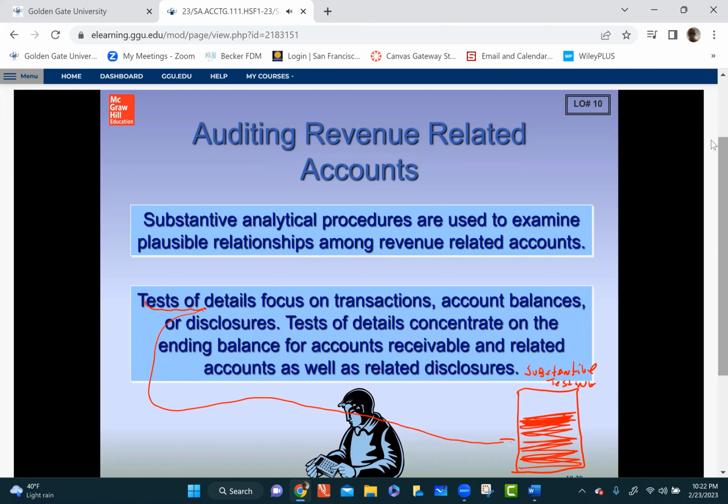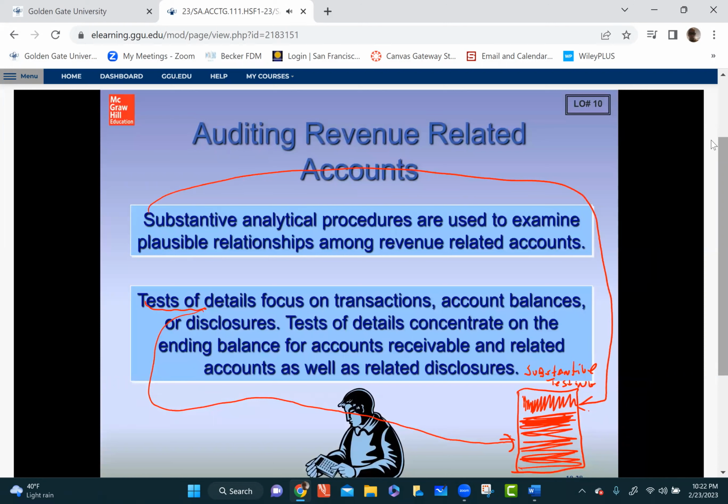And then I can have some of this filled in. Some of it could be substantive analytical procedures. And that could constitute my body of substantive testing for some or all of the assertions embedded in the accounts receivable account. And of course, the related account sales.